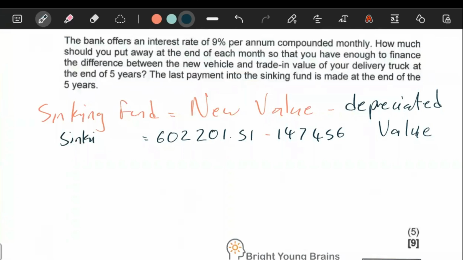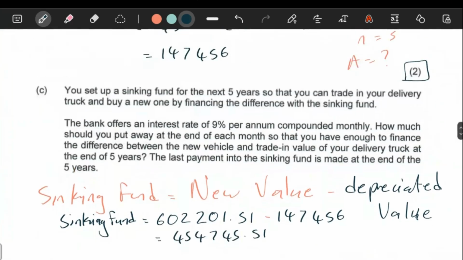Sinking fund. So your sinking fund, before we even read the rest of the question, is just this amount here. So this is 454,745.51.